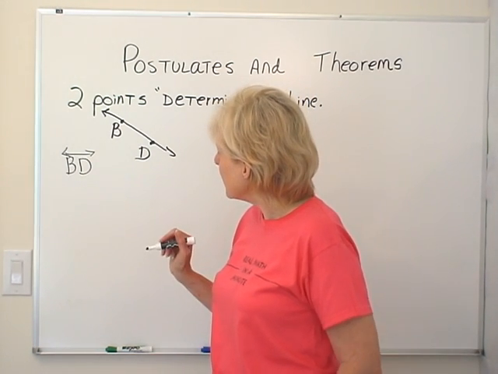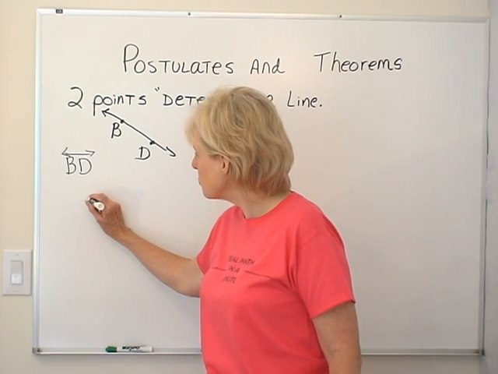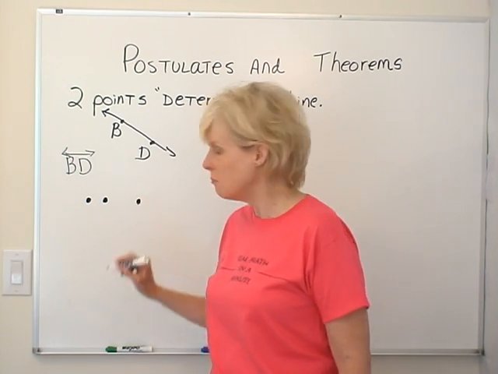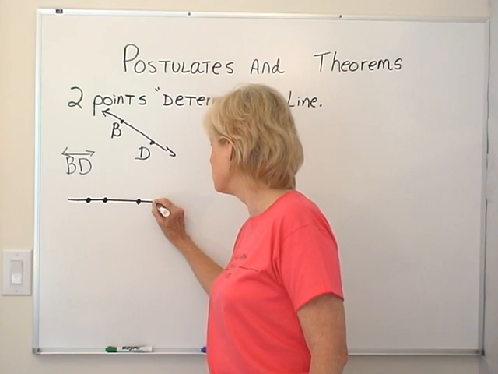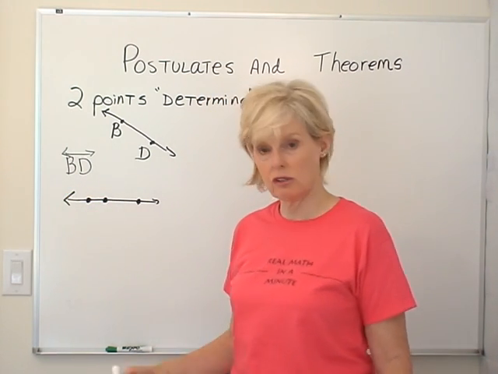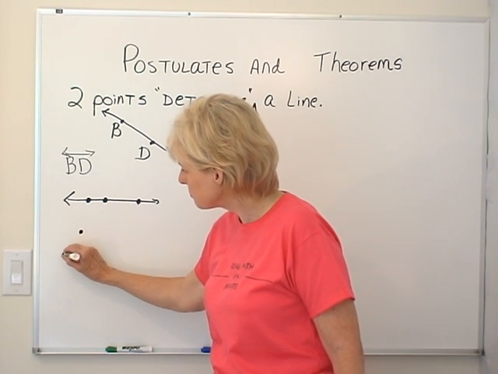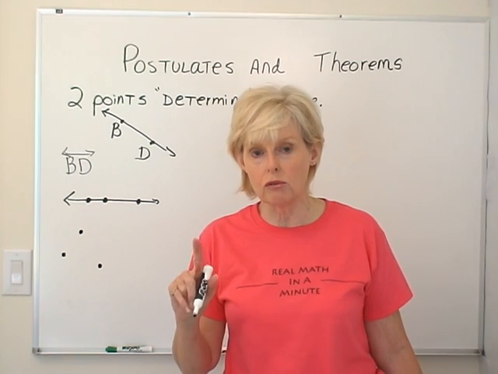So let's look at what would happen if we had 3 points. If we had 3 points, we could have 3 points that would make a line like this. Those 3 points would turn into a line if we connected them. Or I could have 3 points that would not determine one and only one line.